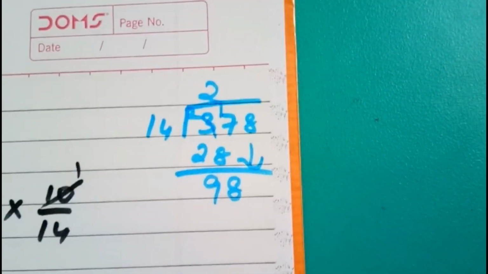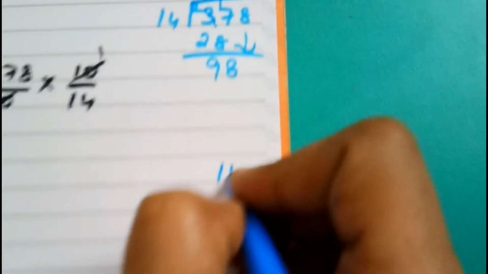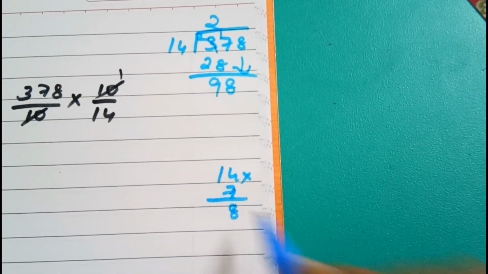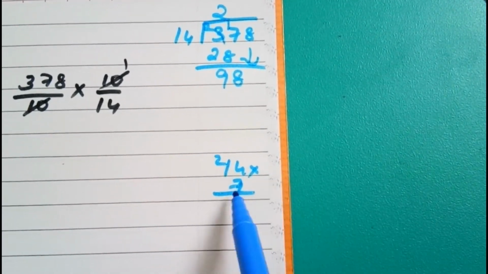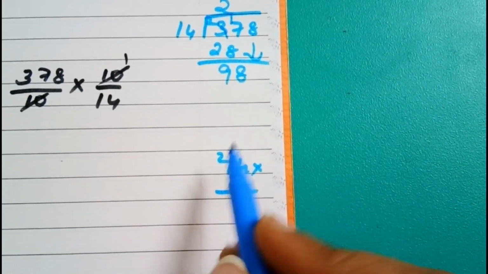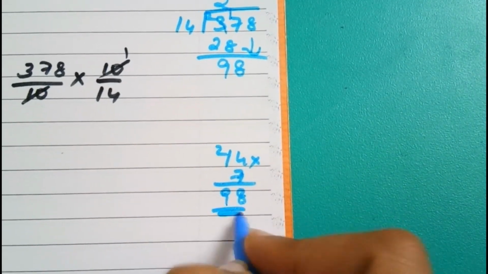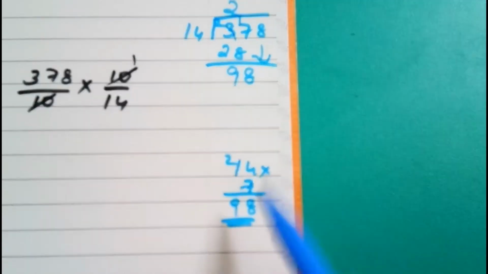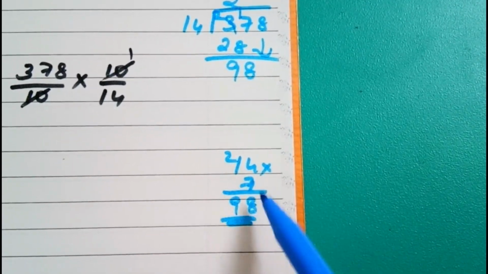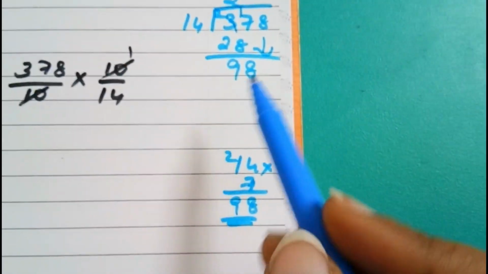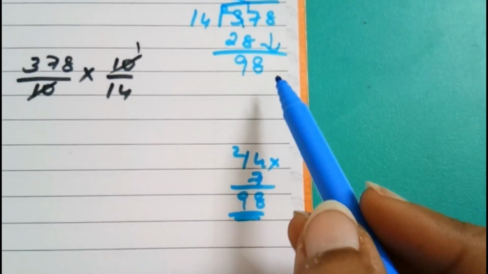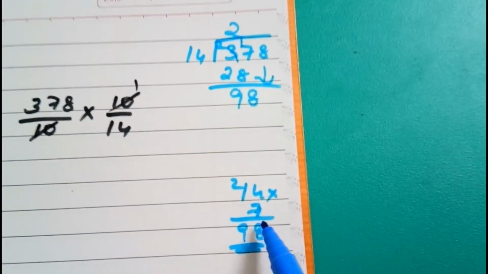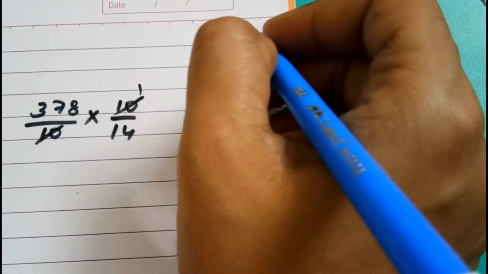So now let's try 14 into 7. 7 fours are 28, carry 2. 1 7 is 7. 7 plus 2 is 9. So here 98. This is the easy way of calculating. It's not always necessary that you get the perfect number, but this way it is easier to reach the solution quicker. So how many times does 14 go in 98? 7 times.